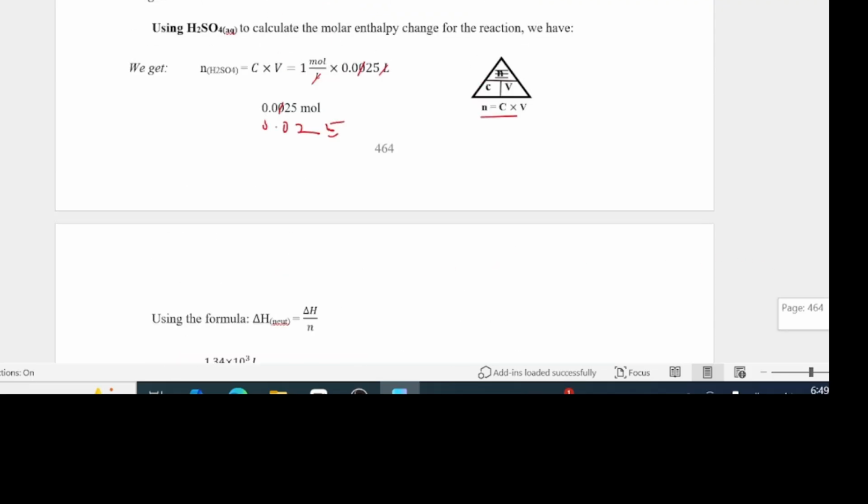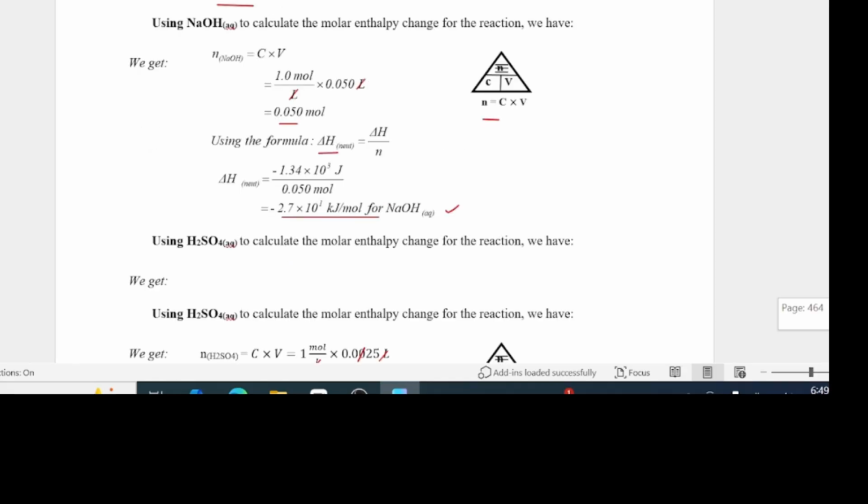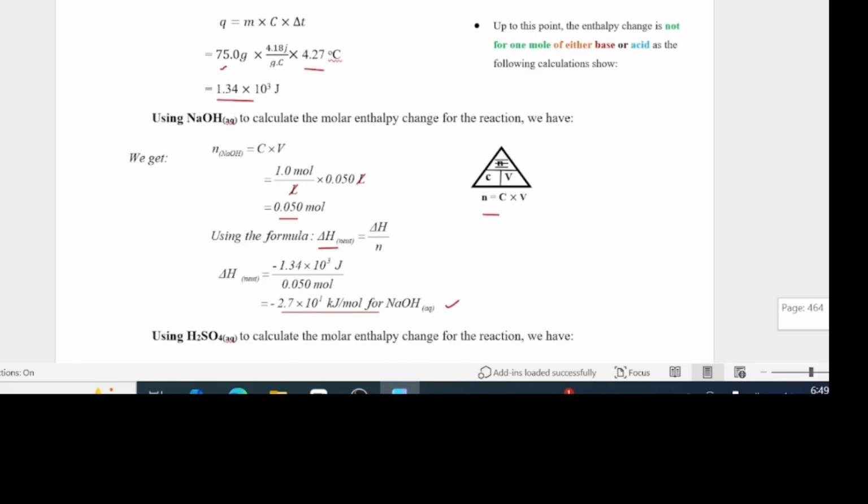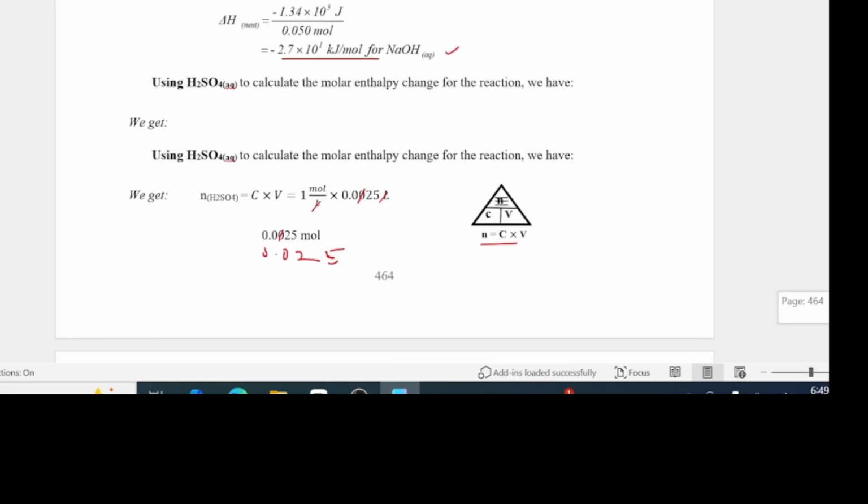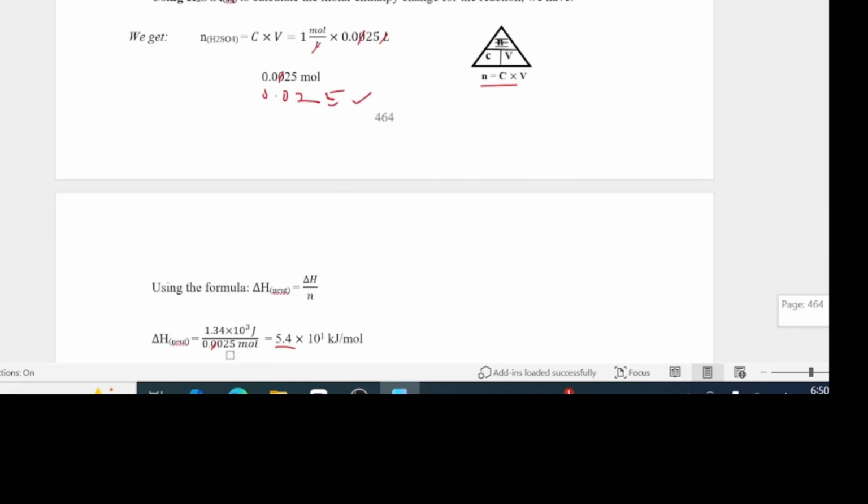So note how the molar enthalpy of neutralization for sulfuric acid is twice that for sodium hydroxide, because look, you're using that number of moles of sodium hydroxide, but you're using only half that number of moles of sulfuric acid, such that when you divide, you end up with twice the value, because you're having 2 moles of hydrogen in 1 mole of sulfuric acid.